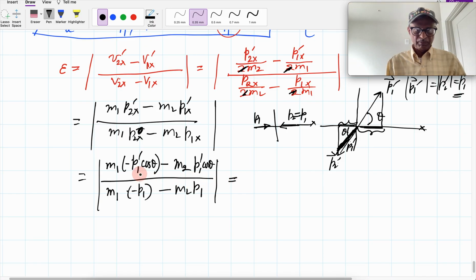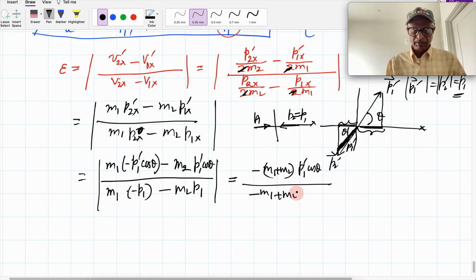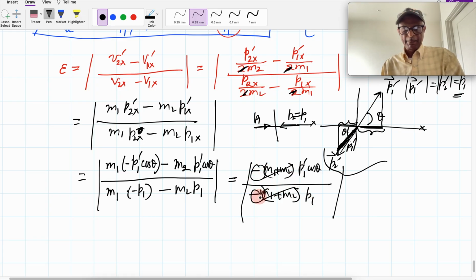So p1 prime cosine theta is common, so minus m1 plus m2 times p1 prime cosine theta over minus m1 plus m2 times p1. They cancel this guy, these are different things, so this goes away.